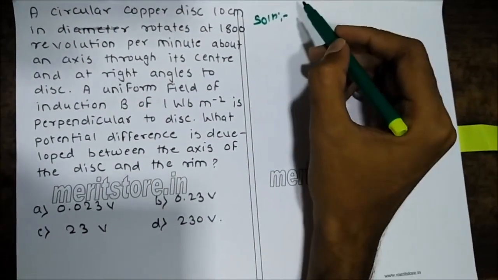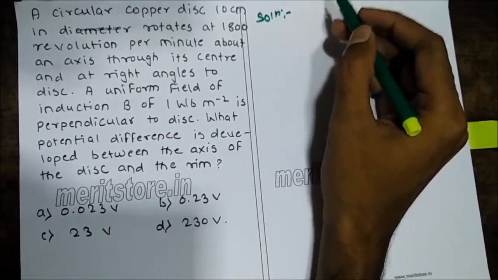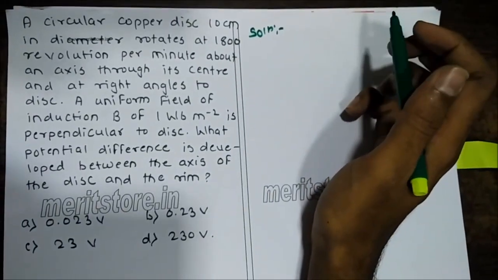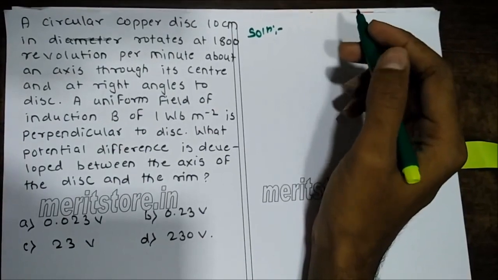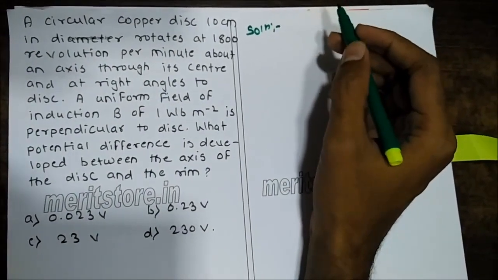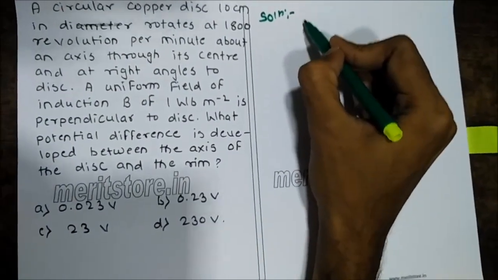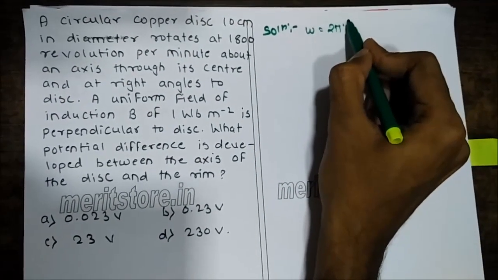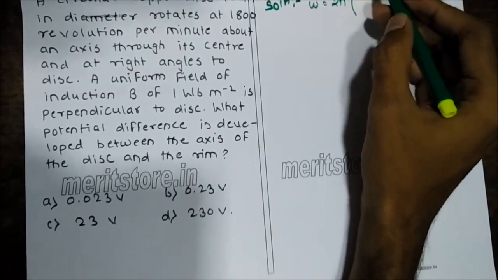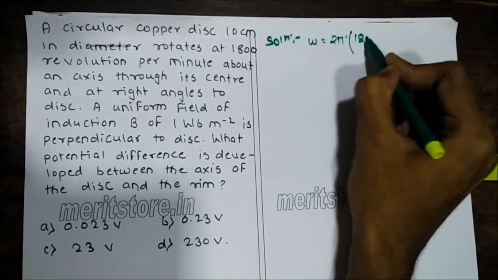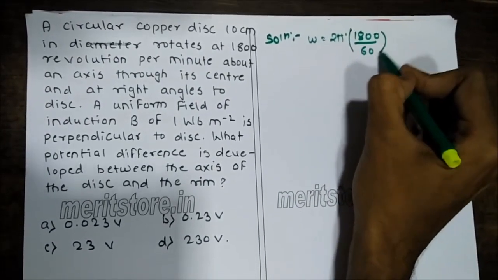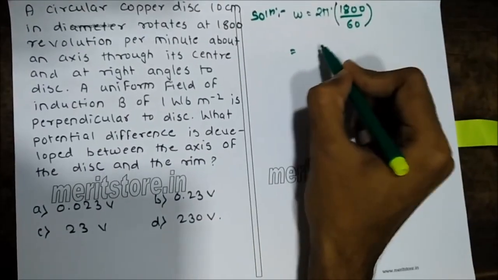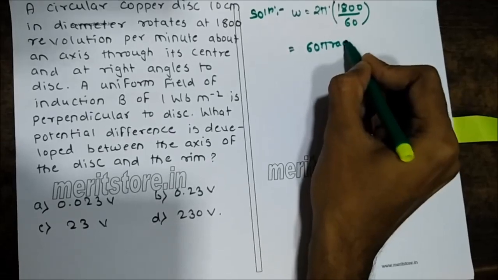Here for this copper disc, we have the diameter, and it rotates with a speed of 1800 revolutions per minute. So here we'll find its angular velocity, that is equal to 2 pi n, that is 2 pi into 1800 upon 60, so that becomes 60 pi radians per second.